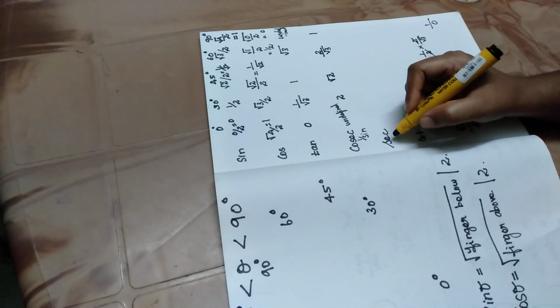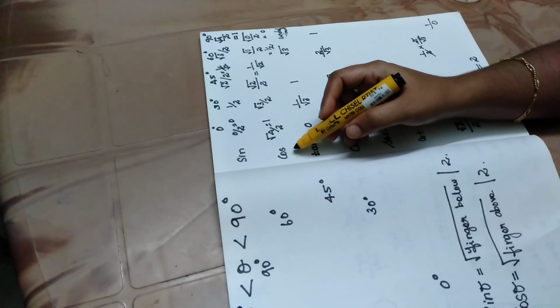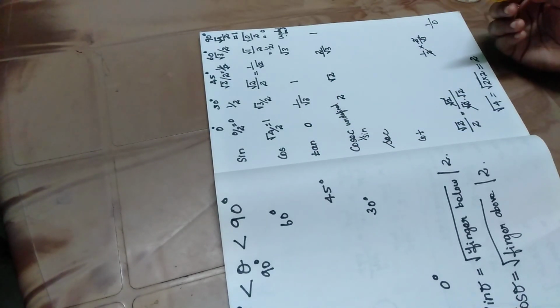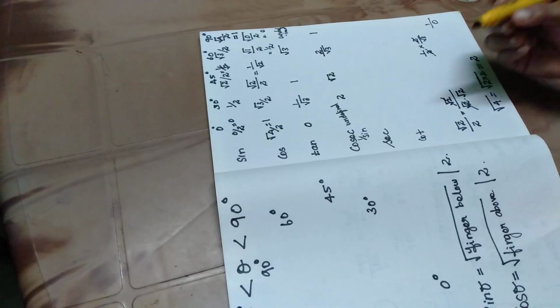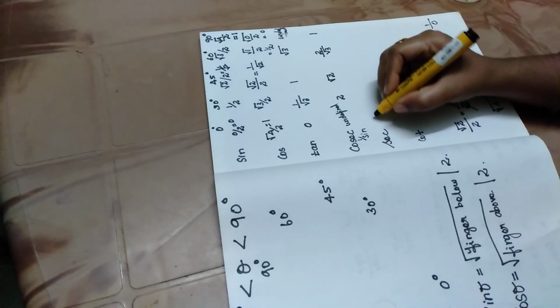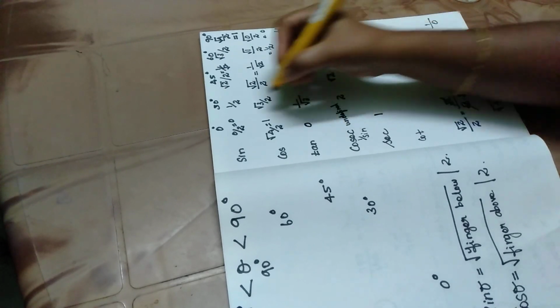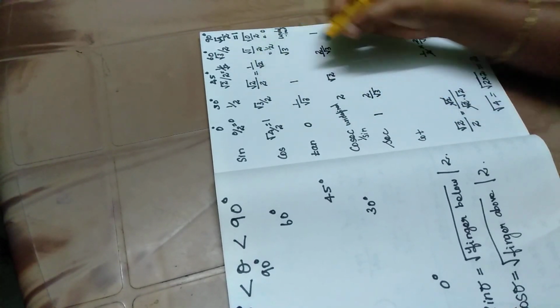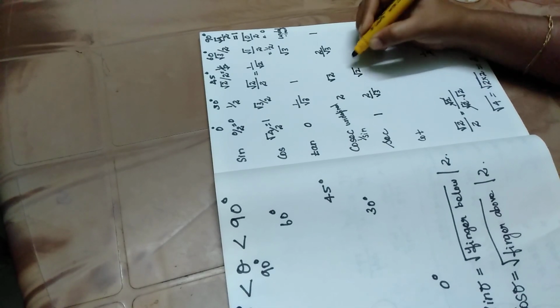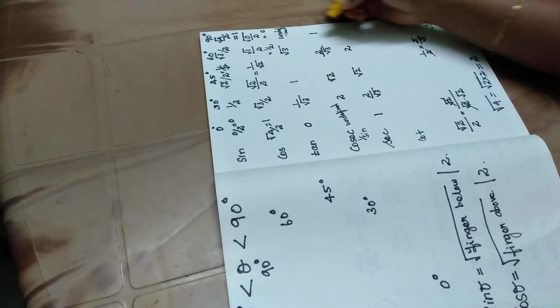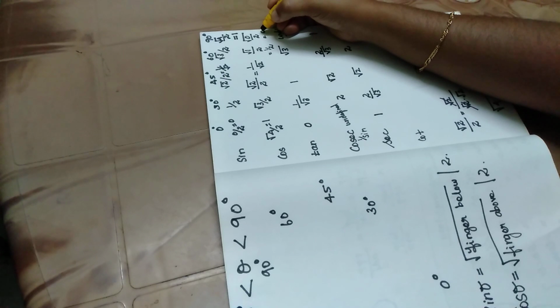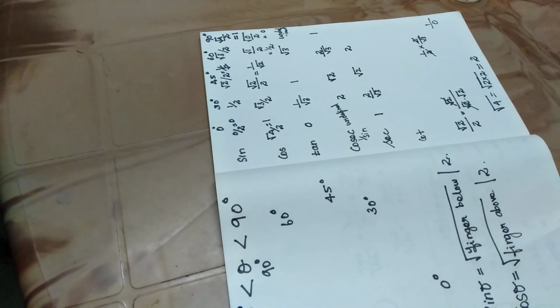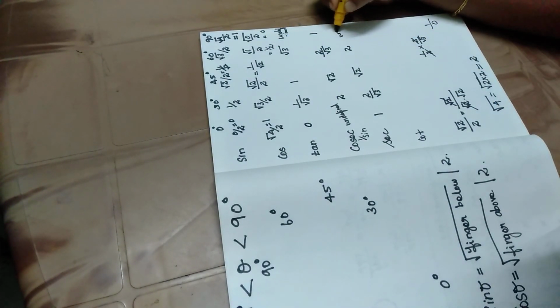Now secant theta means 1 divided by cos theta, isn't it? So 1 divided by cos theta, 1 by 1, 1. Now here, 2 by root 3, square root of 2, then 2, and 1 by 0 is undefined.